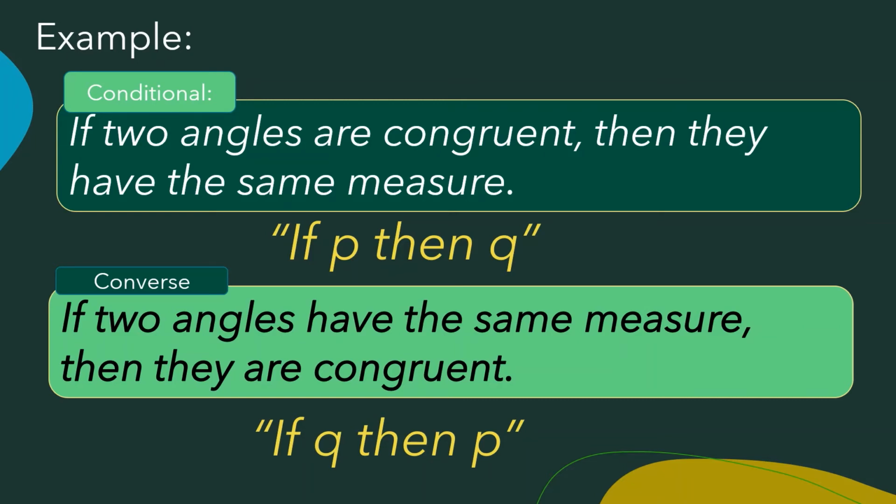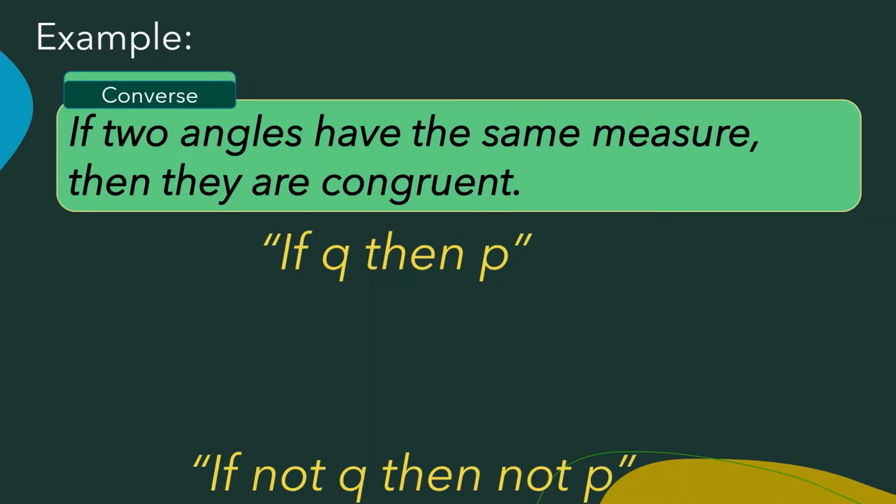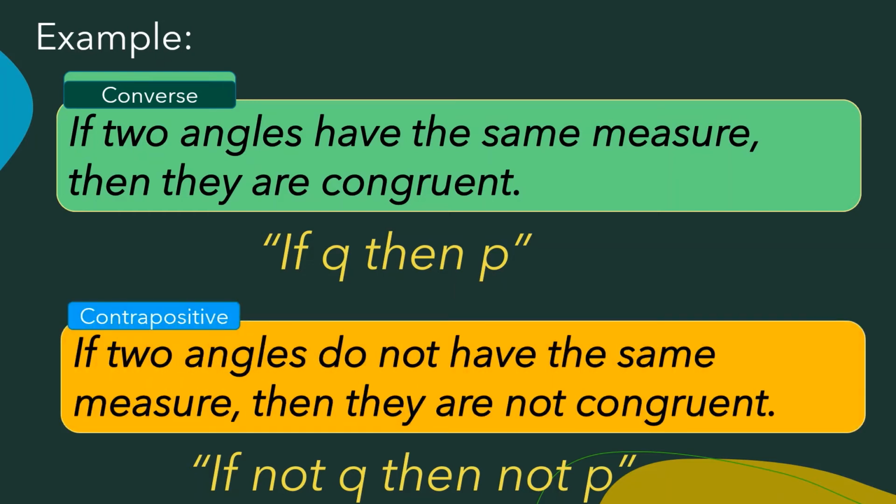So that is if Q, then P. Now, what is the contrapositive of this statement? Just write the converse in the form if not Q, then not P. So the answer is, if two angles do not have the same measure, then they are not congruent.